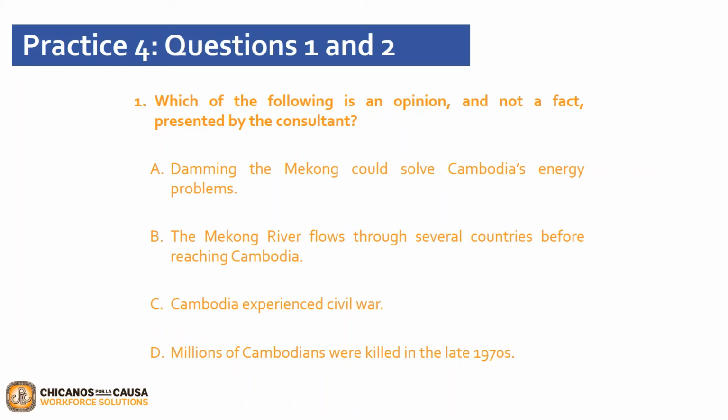D, millions of Cambodians were killed in the late 1970s. If you chose A, you are correct. Options B through D can be verified by researching in geography and historical books. However, option A is not supported by any evidence or data.